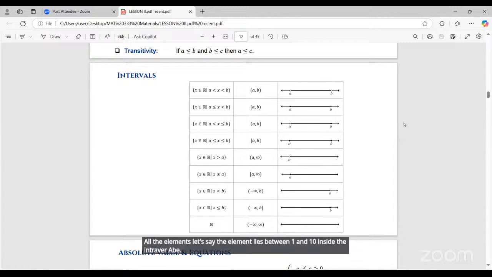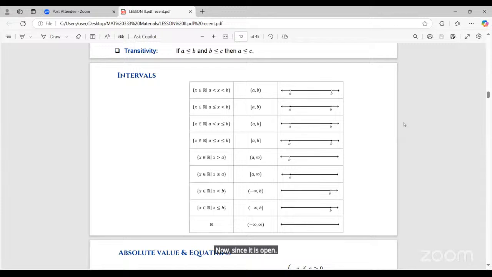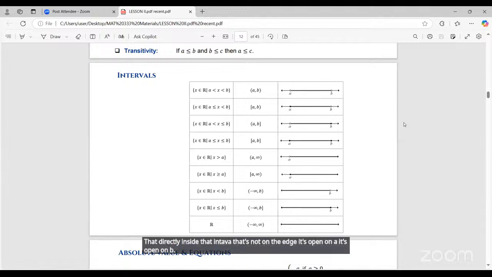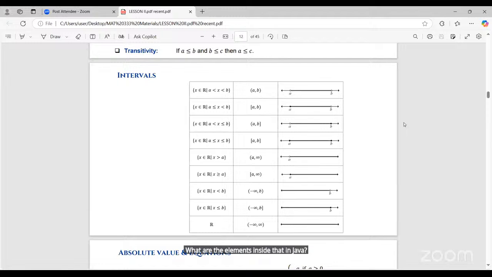Since it is open on A and open on B, what are those elements that are directly inside that interval, that are not on the edge? It's open on A, it's open on B. What are the elements inside that interval? 2 to 9. Why do you say 2 to 9?